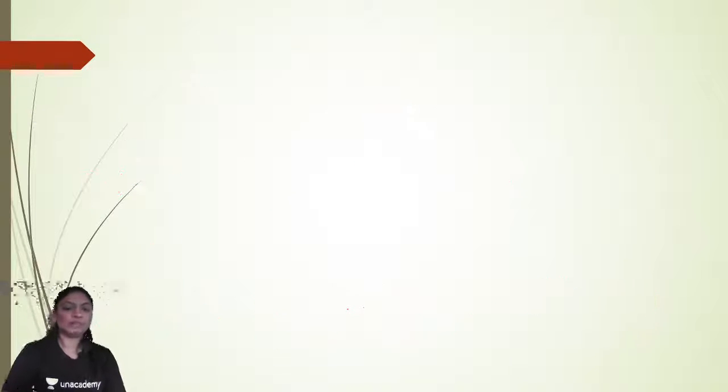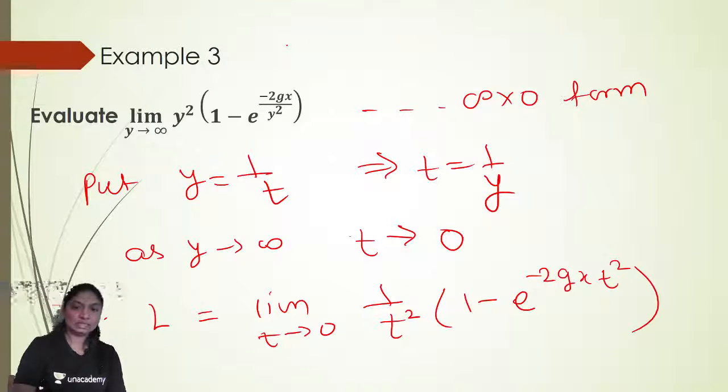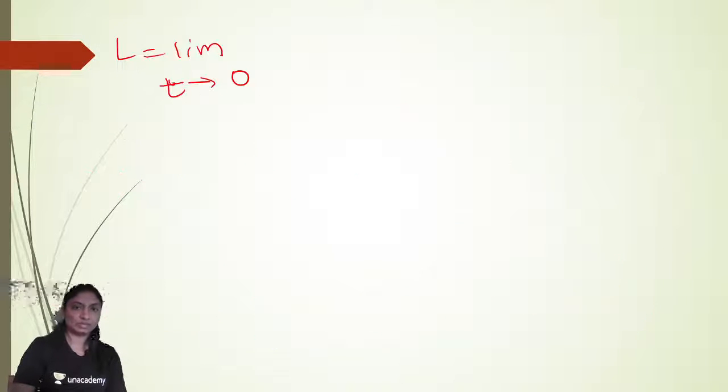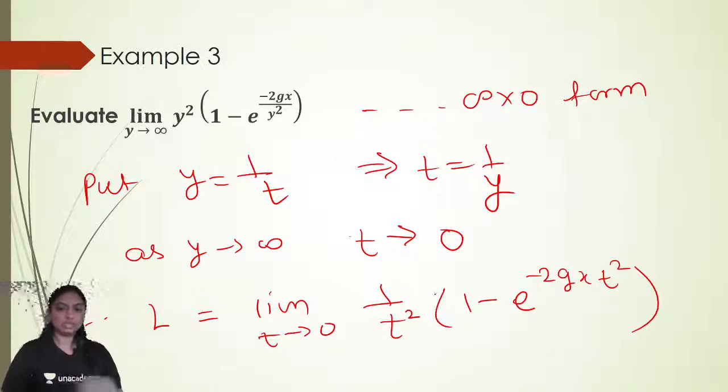So L is equal to the limit as t tends to 0 of 1 upon t square into 1 minus e raised to minus 2gx t square. As t tends to 0, it is nothing but 0 upon 0 form, right?